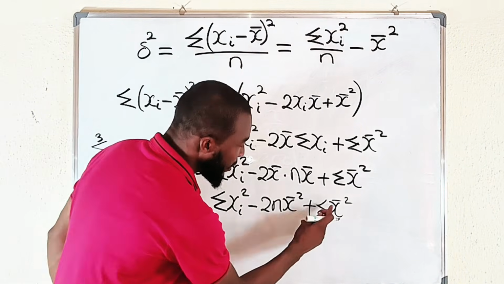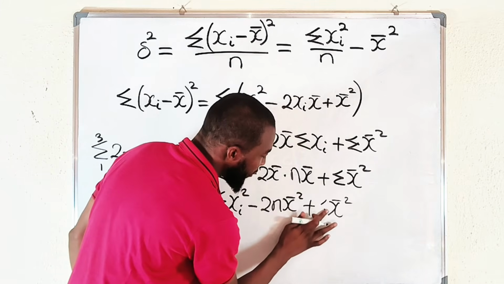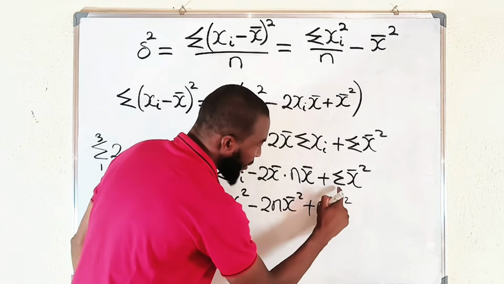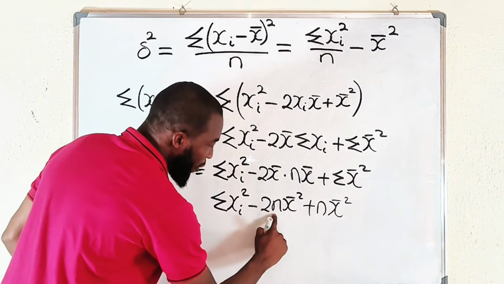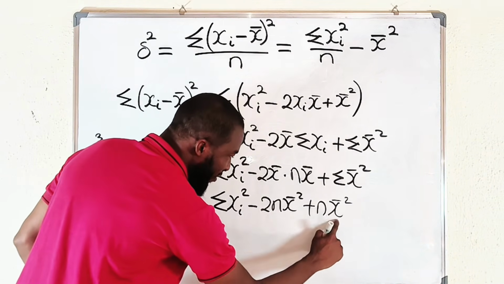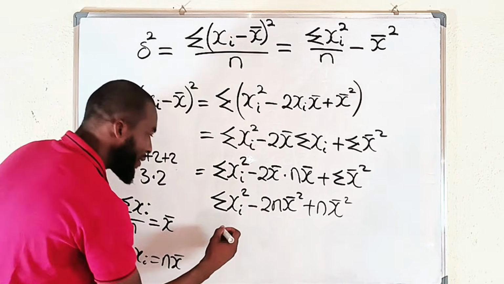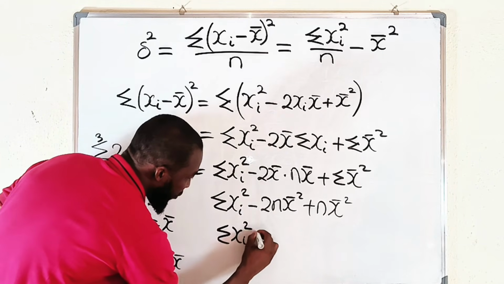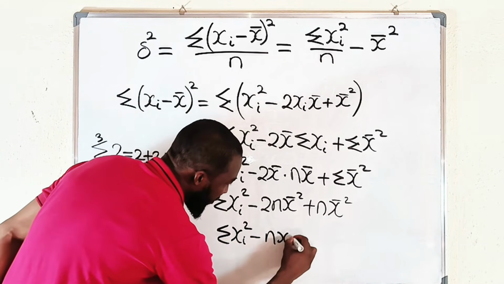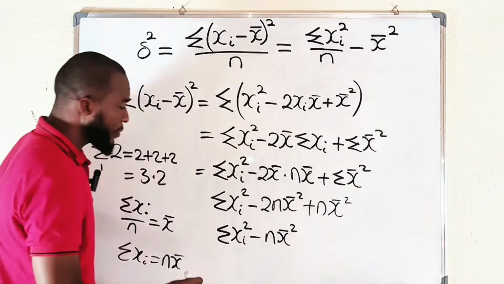N group of this x bar squared. Yeah, this and this means the same thing. So minus 2 of something plus 1 of something will give you negative 1 of that thing. So this is summation of xi squared minus n x bar squared.